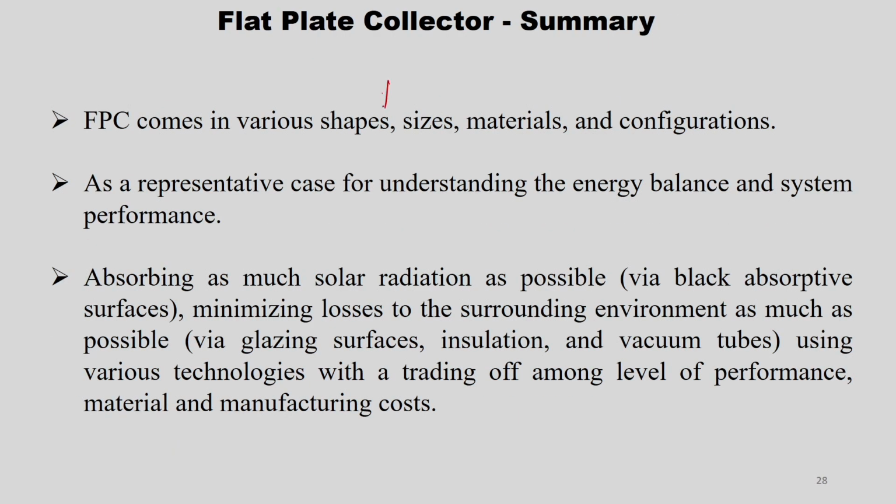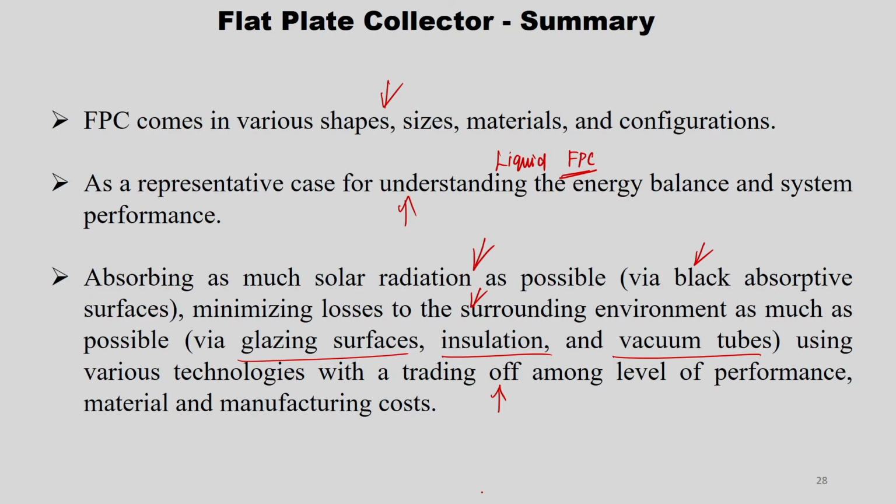Okay. So, summary: FPC comes in various shapes, sizes, materials and configurations. As a representative case for understanding the energy balance and system performance, we thoroughly did the liquid FPC, how to do theoretical calculations as well as how to get experimental parameters, absorbing as much solar radiation as possible using black absorptive surfaces, and minimizing losses to the surrounding environment as much as possible using glazing surfaces, insulation and vacuum tubes, using various technologies with the trade-off among level of performance and material and manufacturing costs.